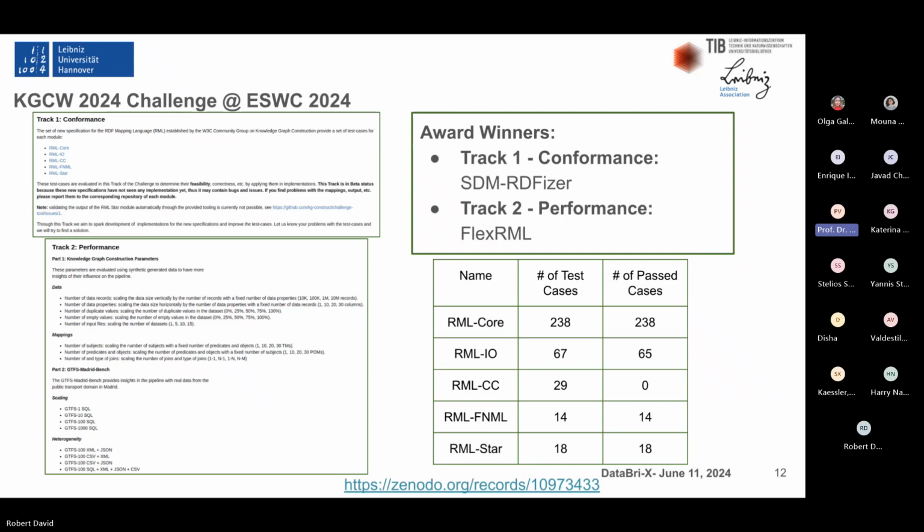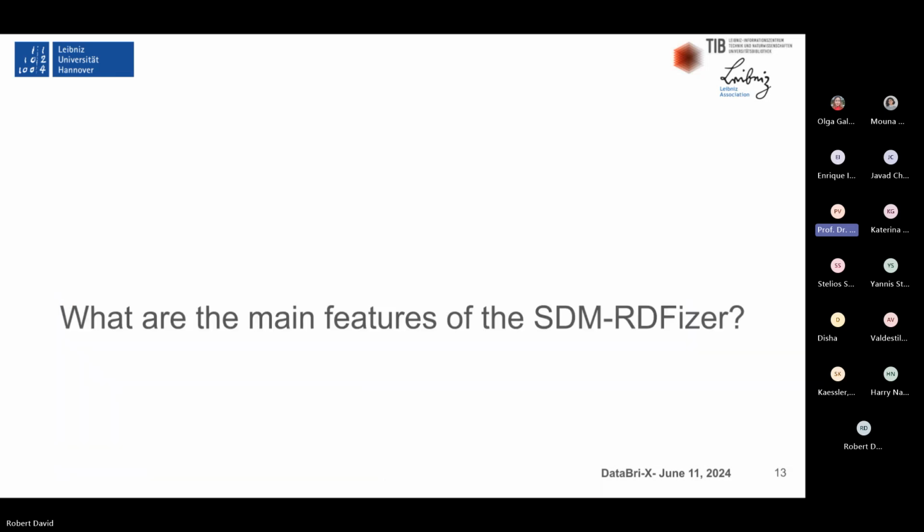In this challenge there was a long list of test cases, where the idea was to see how these test cases could be achieved by the different engines. As you see here, for the artificer to win this award, we had to implement and pass all these test cases. But still, the problem we saw before, that there is no best engine, exists. So then what happened with the SDM-Genesis artificer?